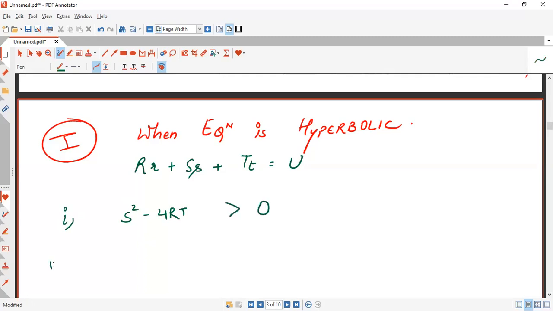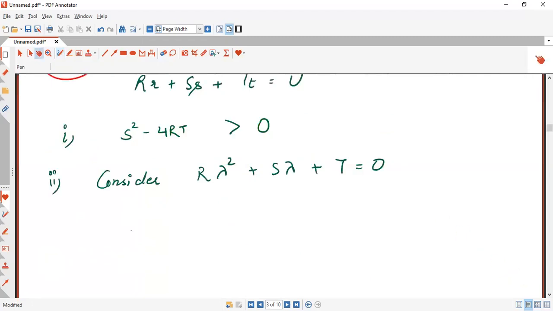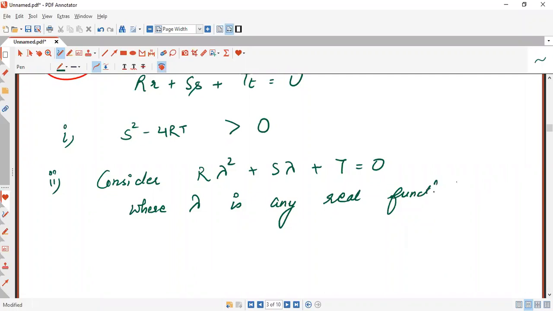If it has, we'll take a quadratic equation with coefficients r, s, and t, which will be r lambda square plus s lambda plus t, where lambda is any real function which depends on both the variables x and y.